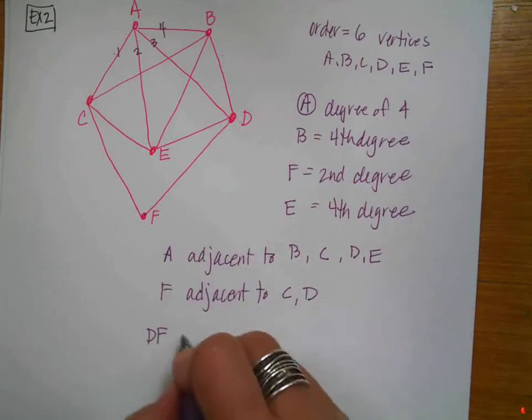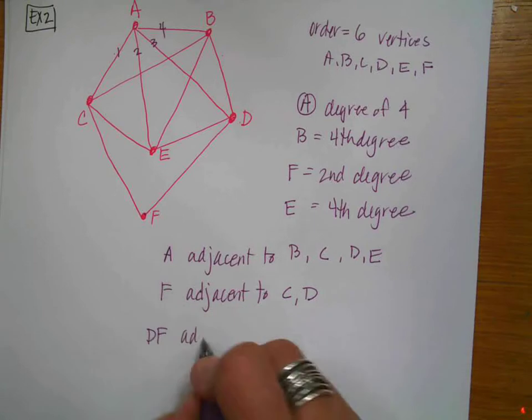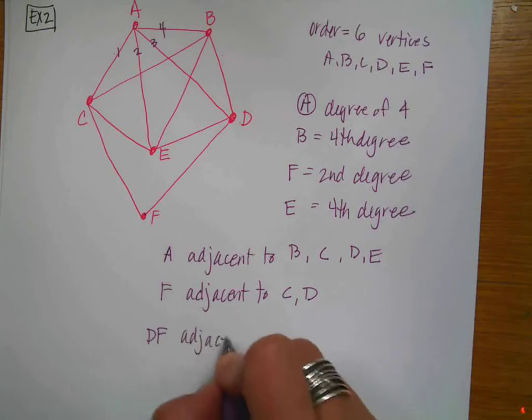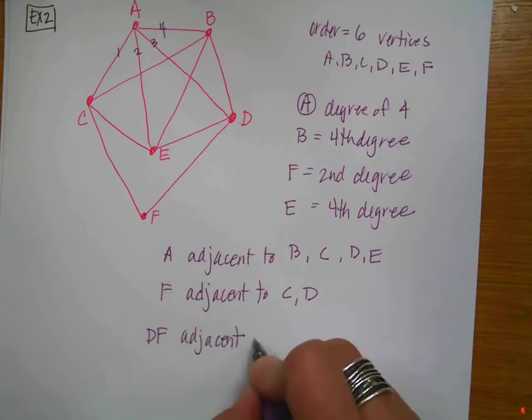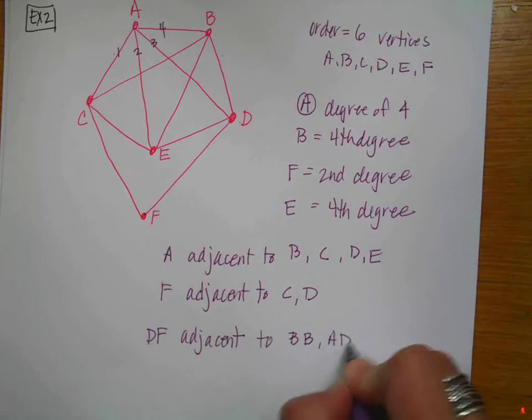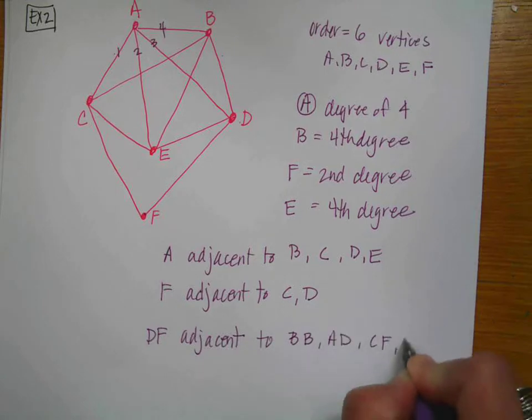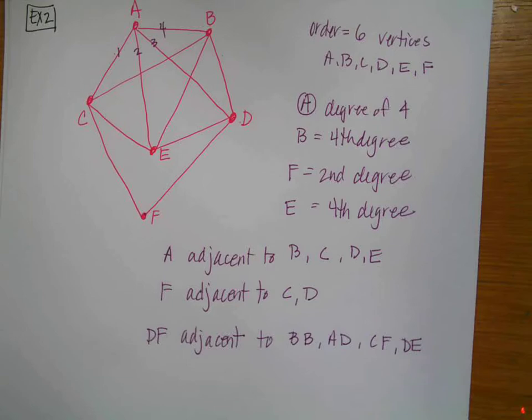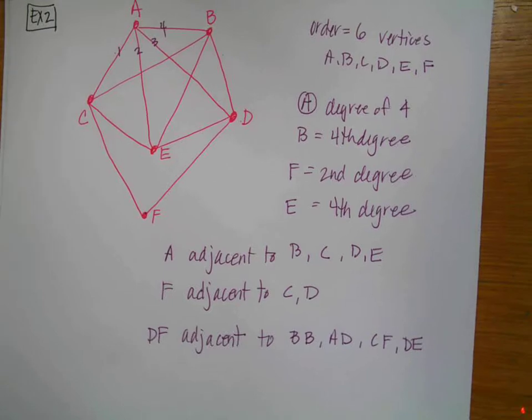My edge DF is adjacent to, so my vertices can be adjacent and my edges can be adjacent, BD, AD, CF, and DE.